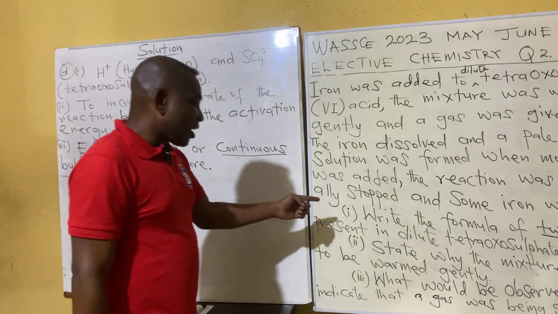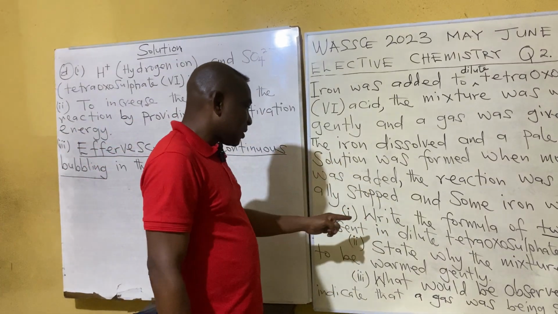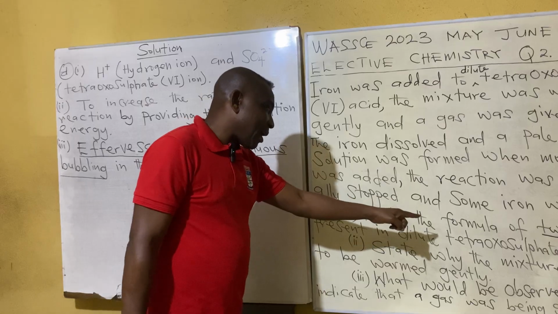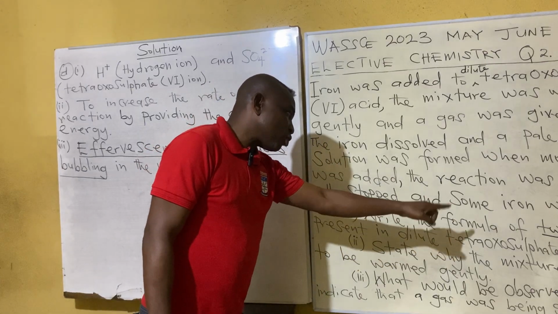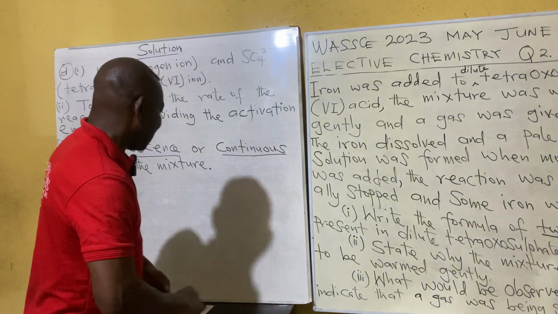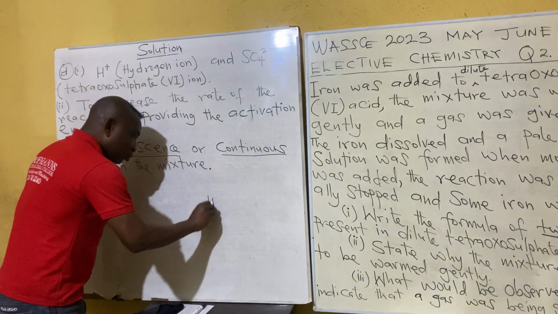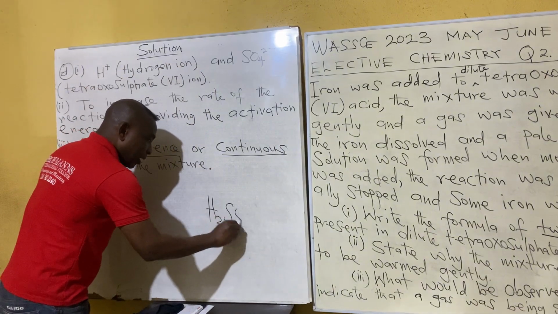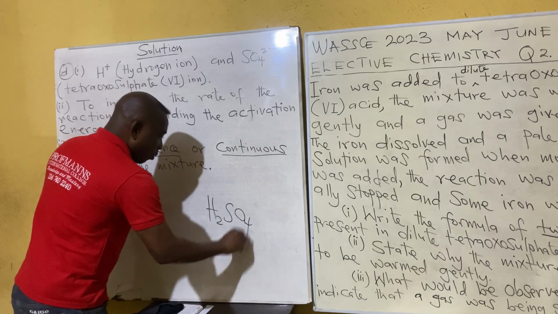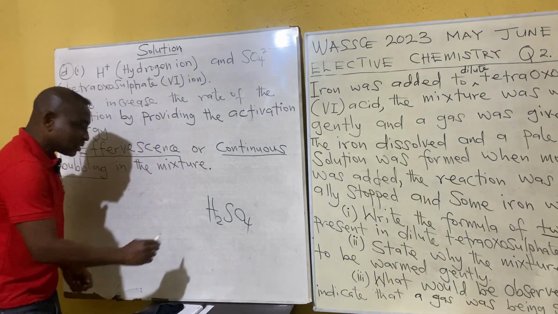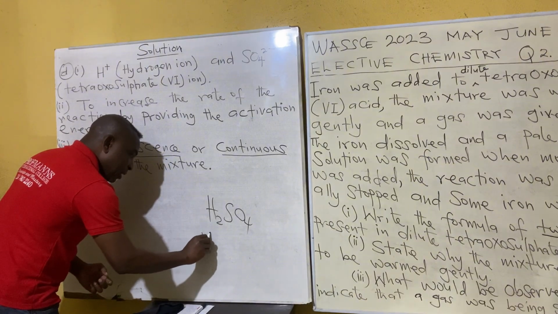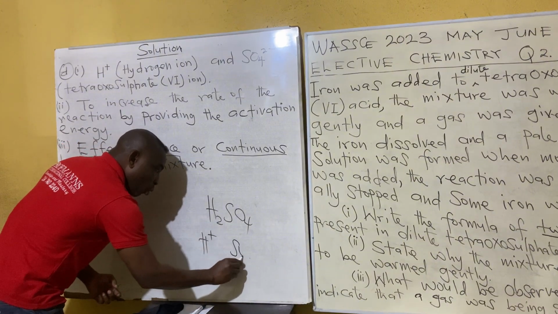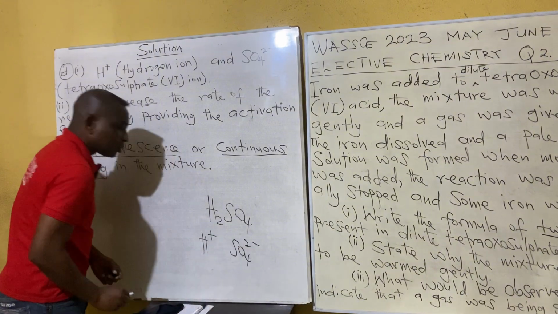Solution. The first part of the question says write the formula of two ions present in dilute tetraoxosulfate 6 acid. This is the tetraoxosulfate 6 acid, H2SO4. And the ions present here are hydrogen ion and SO4 2-.